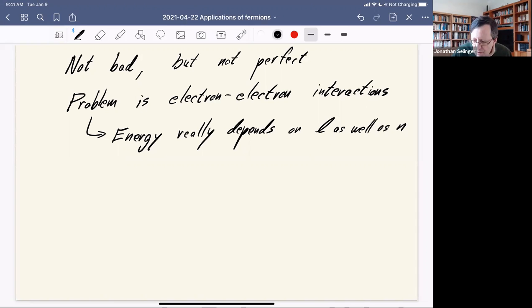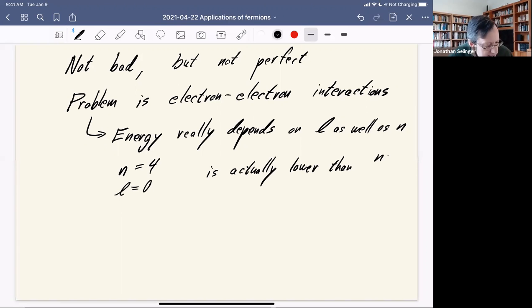That all the states with a certain value of N have the same energy, and it's not strictly true when we start including all these other interactions. Okay? And so there's a dependence on L. So for example, if we have n equals 4, L equals 0, this whole thing is actually lower than n equals 3, L equals 2.